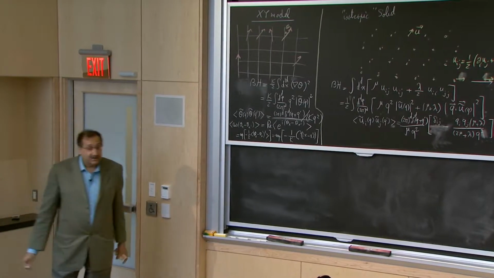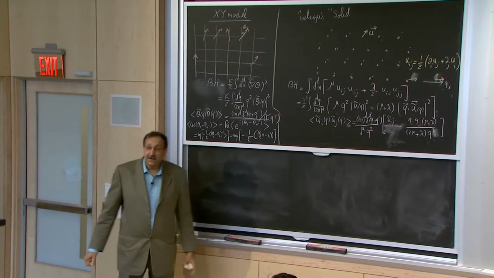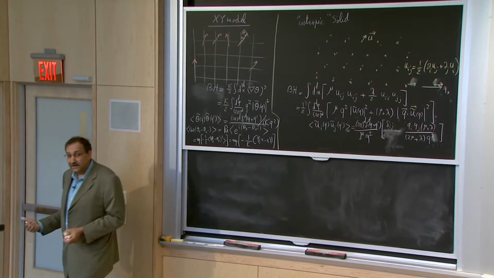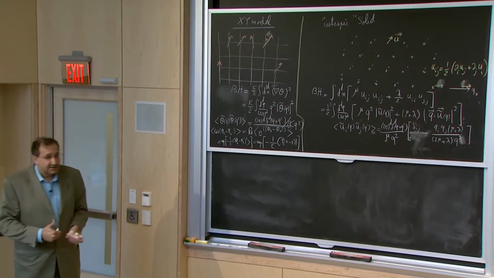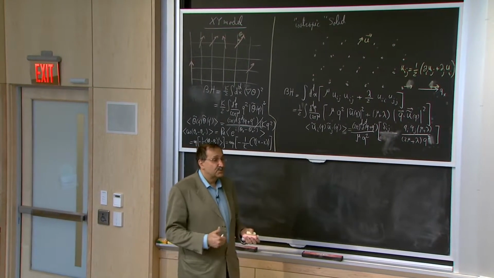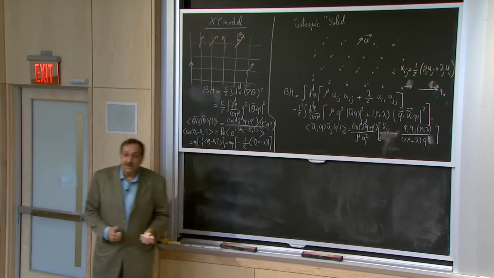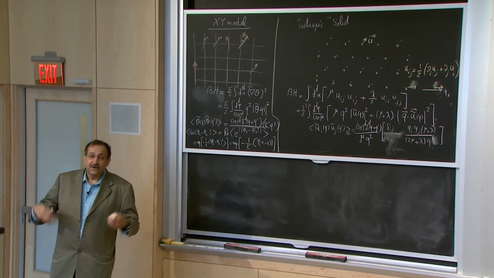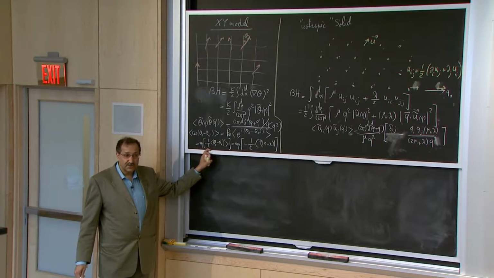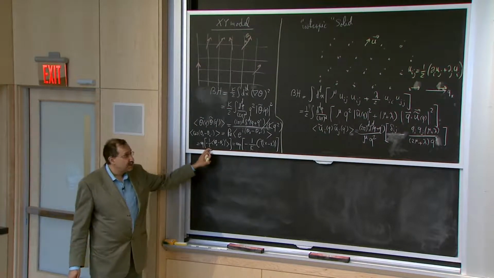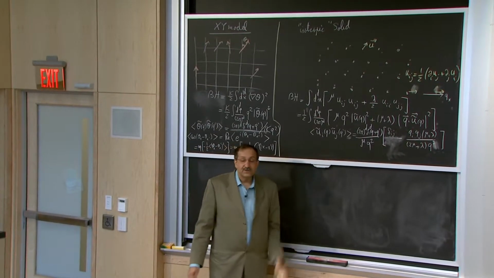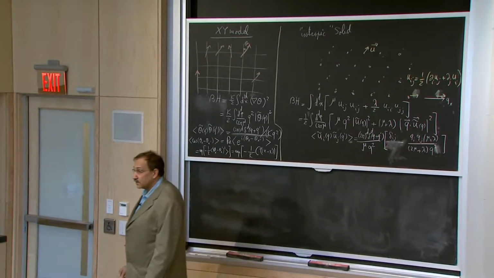And then the discussion that we had for the xy model was that at high temperatures you have exponential decay in 2 dimensions. At low temperature you have power law decay. Although there is no true long-range order, there has to be a phase transition. And we saw that this transition was described by the unbinding of these topological defects. So we would like to state that something similar to that is going on over here.